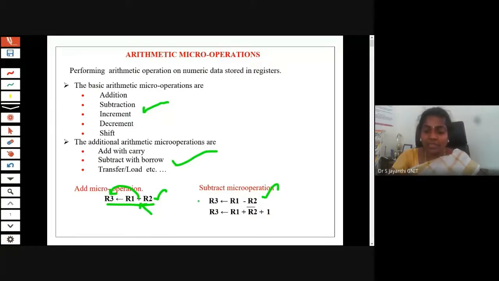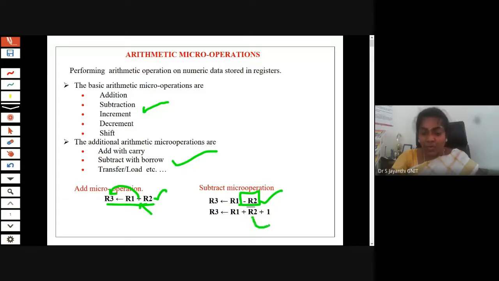Okay, this is a very important point. In the last class itself, I told you: usually the subtraction operation is not performed using a direct subtraction process. How is this minus R2 part represented?